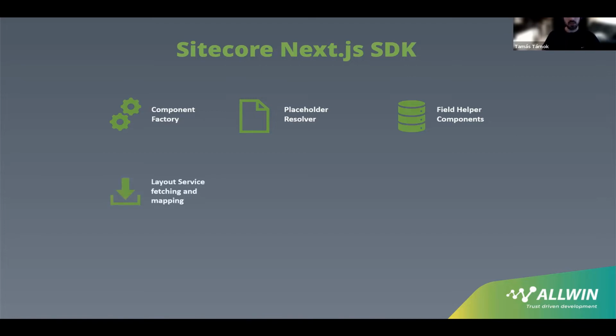The next one is, of course, the layout service fetching and mapping. The SDK does basically the connection between our Sitecore instance, the layout service, and the Next.js application, and it's mapping the response to TypeScript objects.